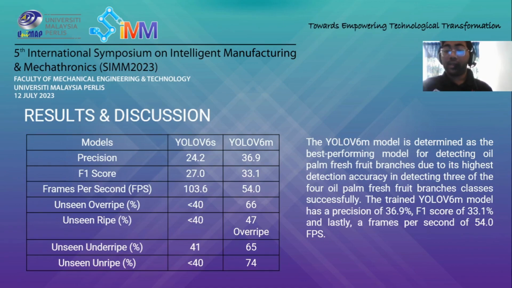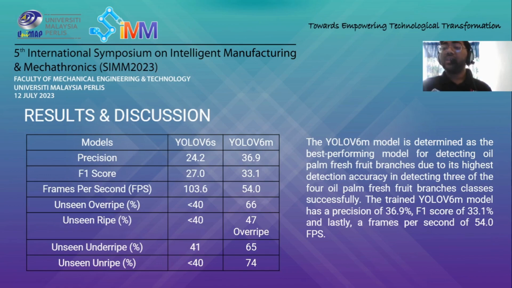As an explanation of this, I would say that the YOLOv6m model is determined as the best performing model for detecting oil palm fresh fruit branches due to its highest detection accuracy in detecting 3 of the 4 oil palm fresh fruit branches classes successfully.